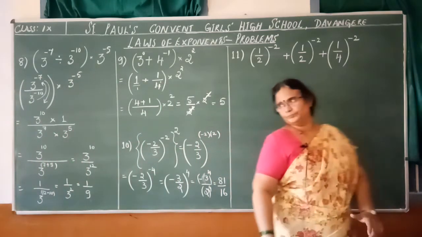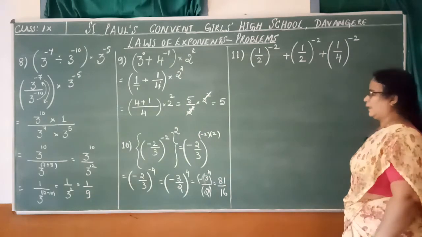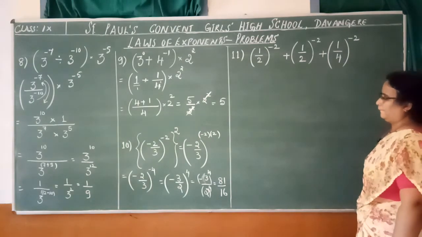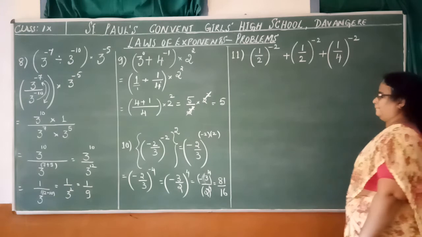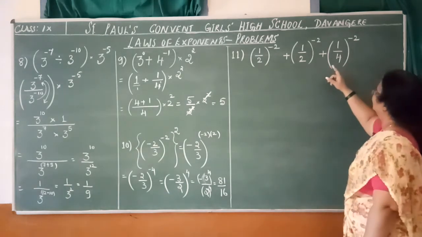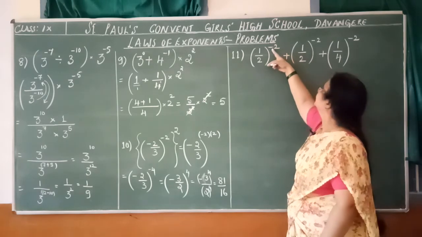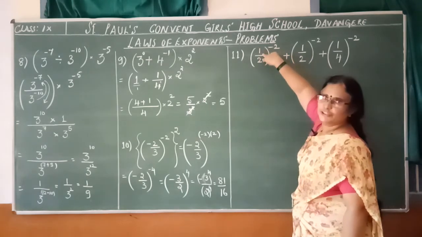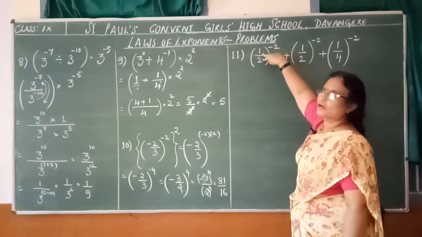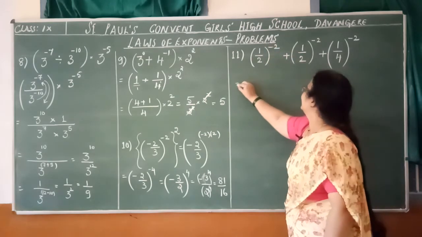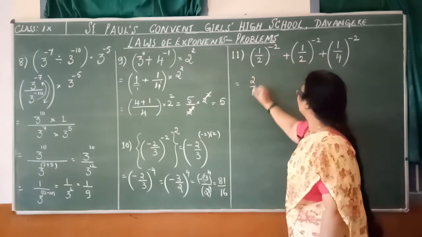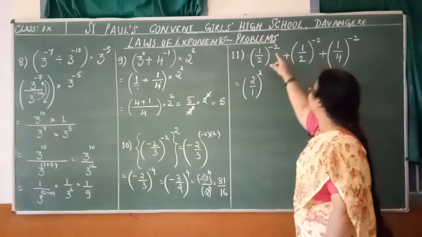Next. Here, I said if there is a negative index, just interchange. Take the reciprocal, it changes to a positive index. So 2 by 1 whole to the power of plus 2.